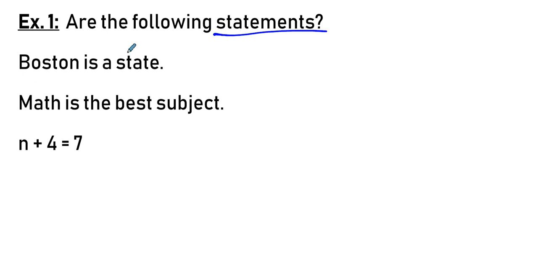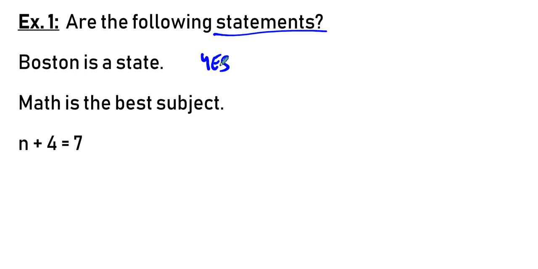Well, either Boston is a state or Boston is not a state. So this is a statement. It is completely false as it is written. There's no interpretation. There's no room for another opinion. Either Boston is a state or it's not. That's a binary situation.